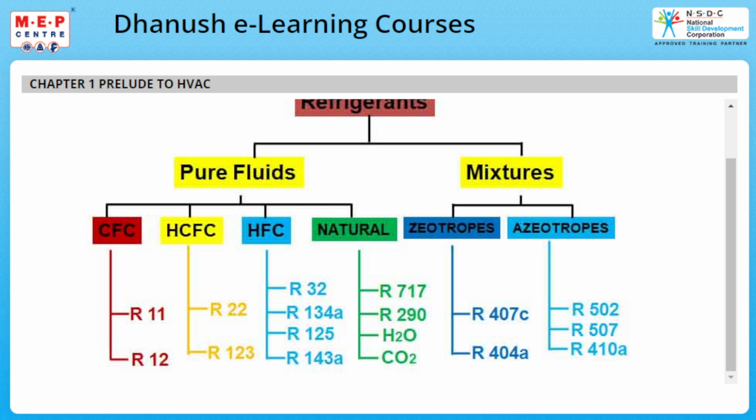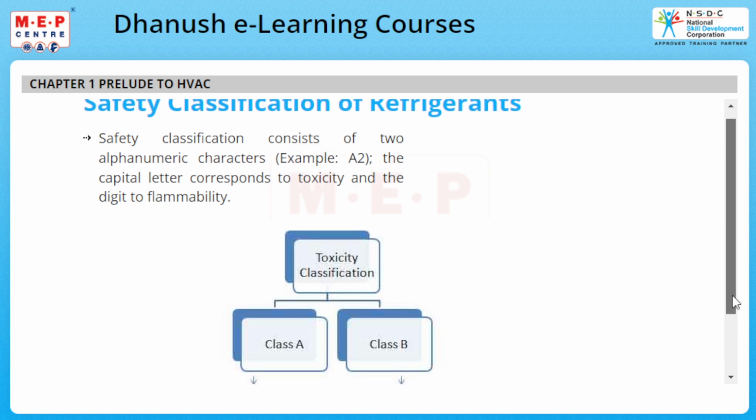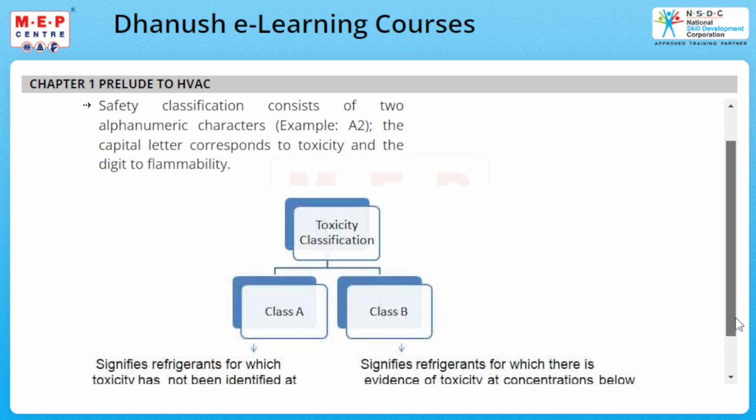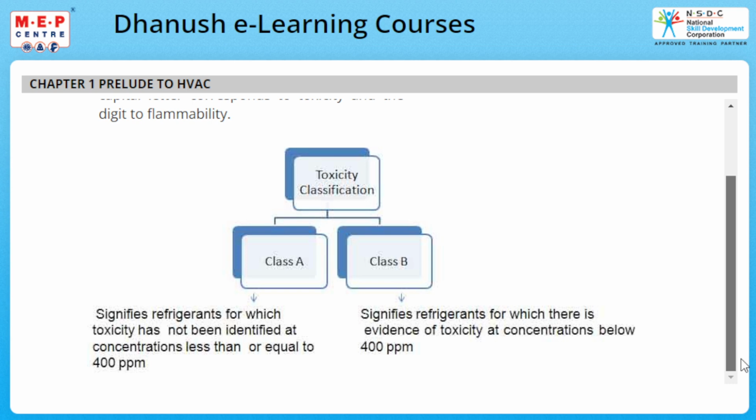Let us next understand the safety classification of refrigerants. Safety classification consists of two alphanumeric characters, for example, A2. The capital letter corresponds to toxicity and the digit to flammability. Refrigerants are divided into two groups according to toxicity.